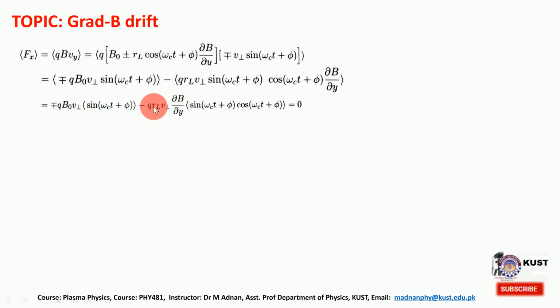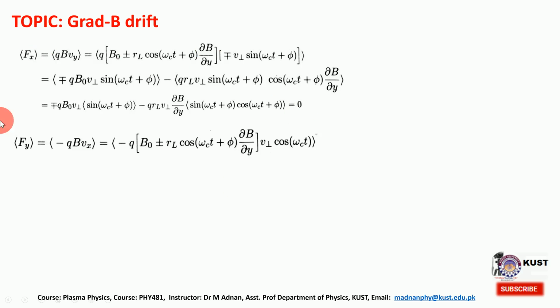And here this q Larmor radius V perp times the partial derivative of B with respect to y, and then again we have sine and cos. Since the average value of sine x and cos x both go to 0 over one cycle, it will give us zero net result. That is, once the magnetic field has a gradient along the y coordinate, still the average force per cycle along the x-axis will be 0.